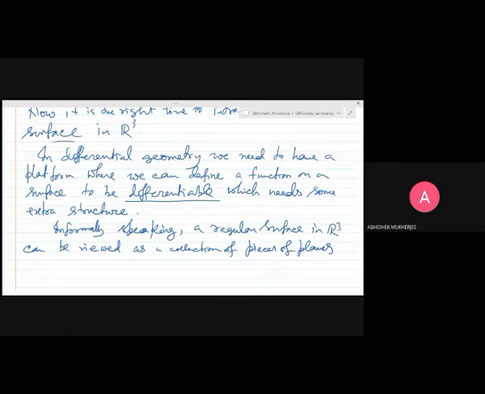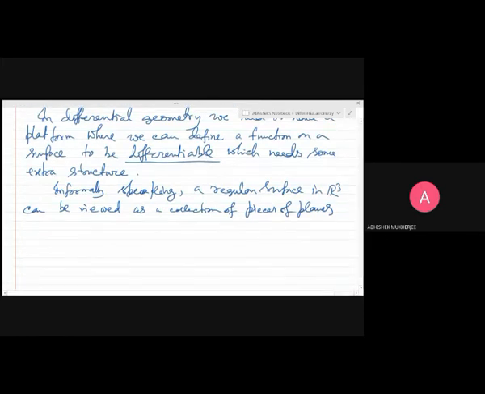Yeah, that means since we are looking for differentiability, it does not include edges, self intersections, or sharp points, right? Some peak points where differentiability doesn't make sense.